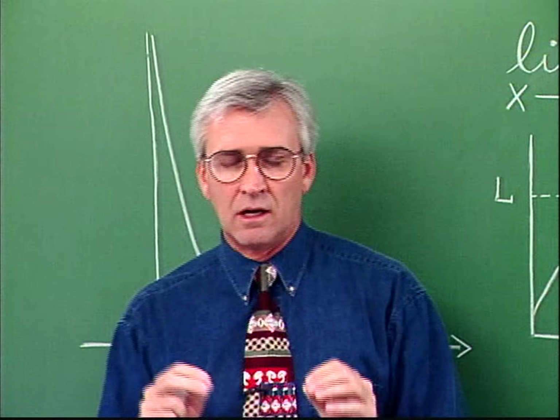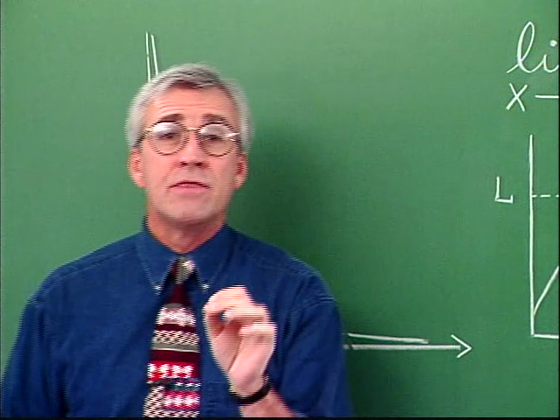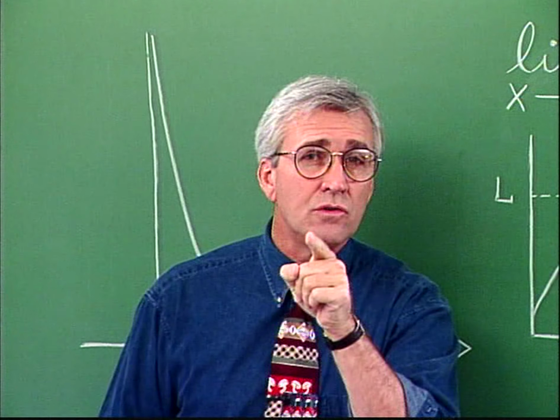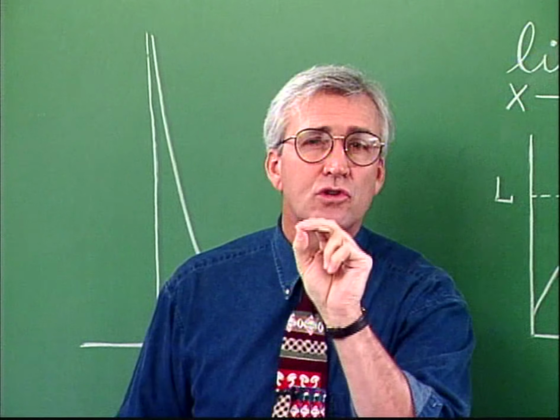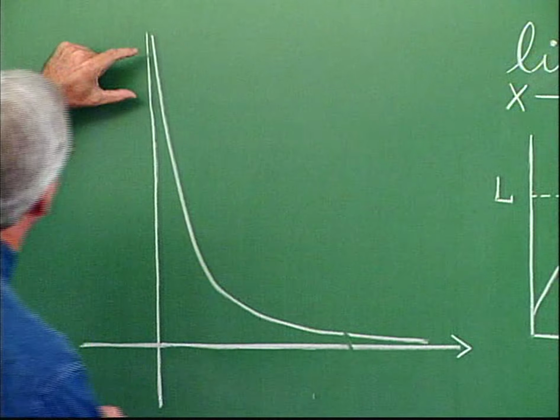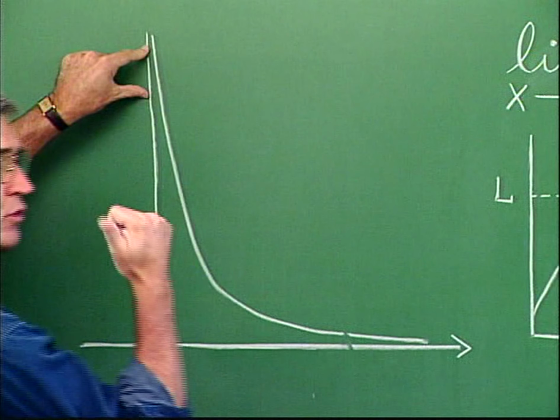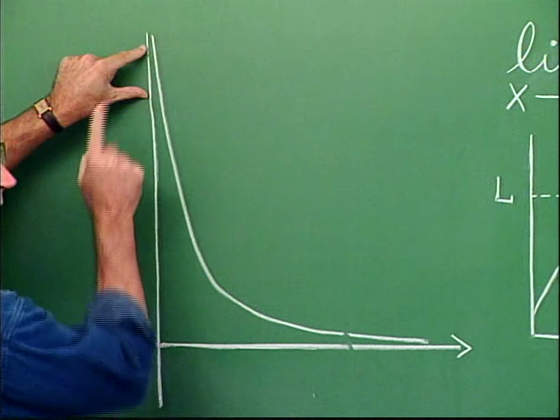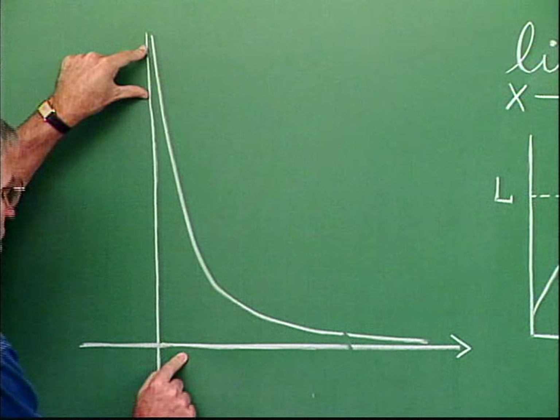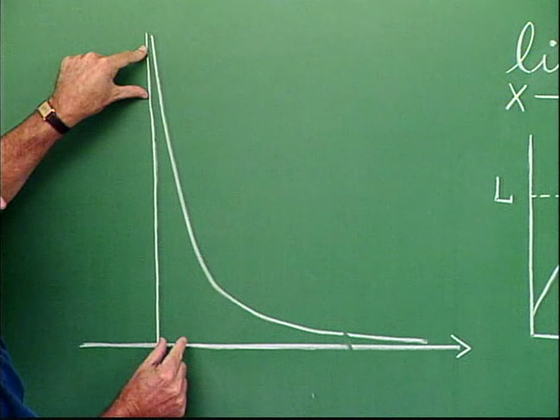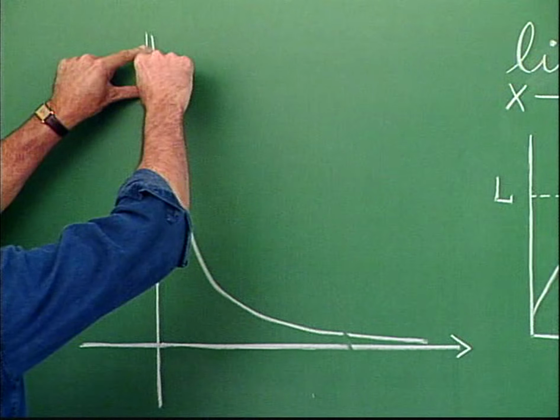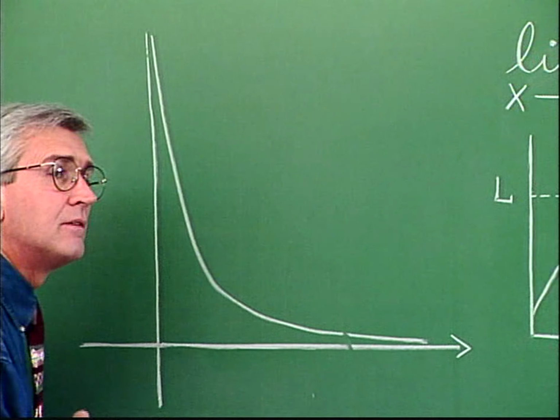We could go through that a few times, and then we might say, well, I'm going to let you choose a region. I'm going to let you choose a vertical interval up here. You choose a vertical interval, and I will give you a horizontal interval down here so that f of any x that falls in that horizontal interval will give us a value that falls in this vertical interval.